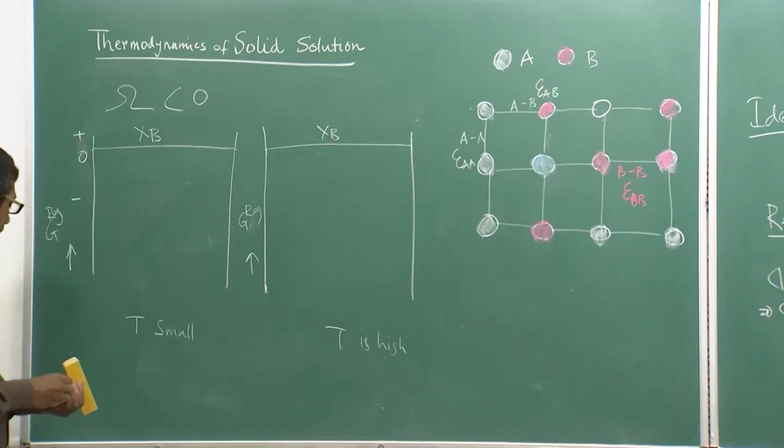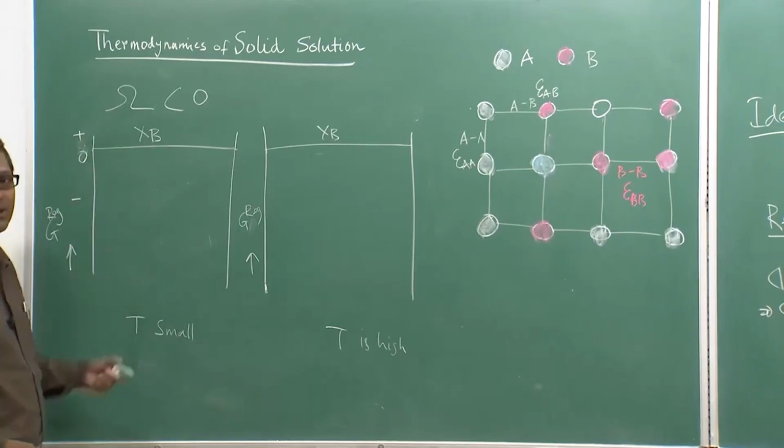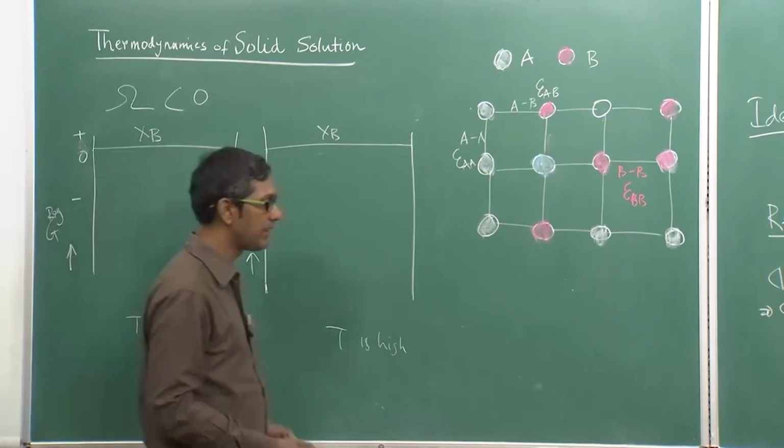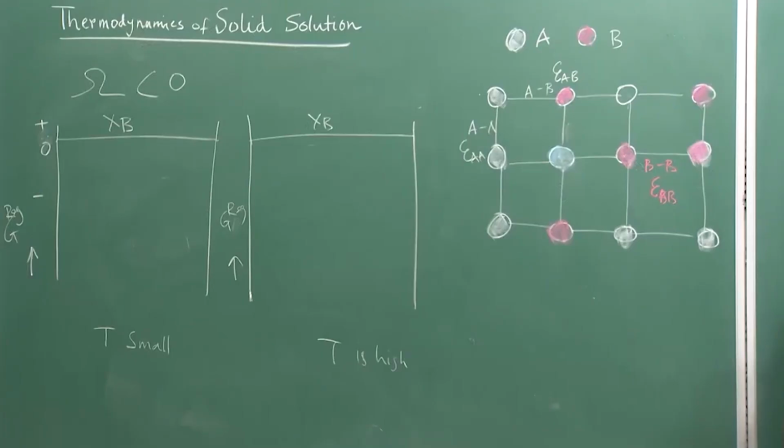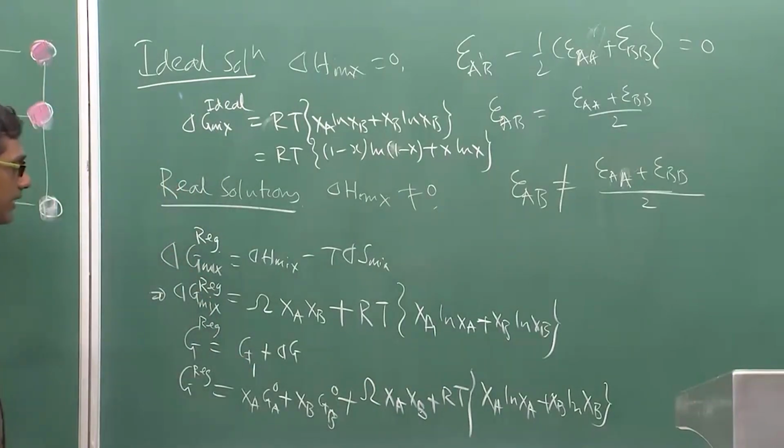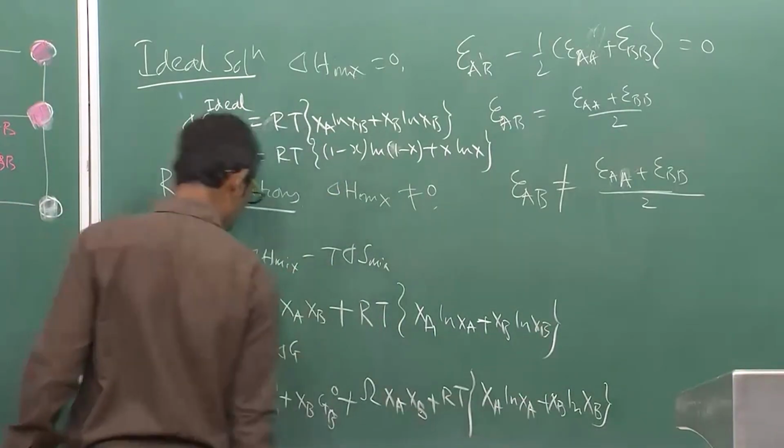There I will use different color chalks to help you understand these things. First let us plot: because sigma is less than 0, this value sigma is negative, so this value is negative. Sigma is negative, while xA and xB are positive, so this value is negative, and we know that the entropy term is always negative.